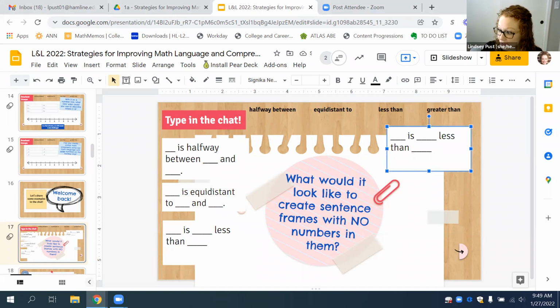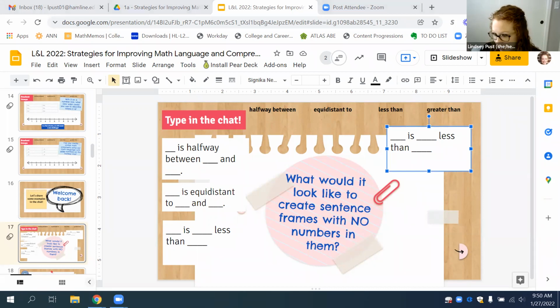Blank is to the left of blank, this number, so it is less than. I like that relationship. A number to the left is less than a number to the right. And then you wrote the opposite. Blank is to the right of, so then it is greater than another number.